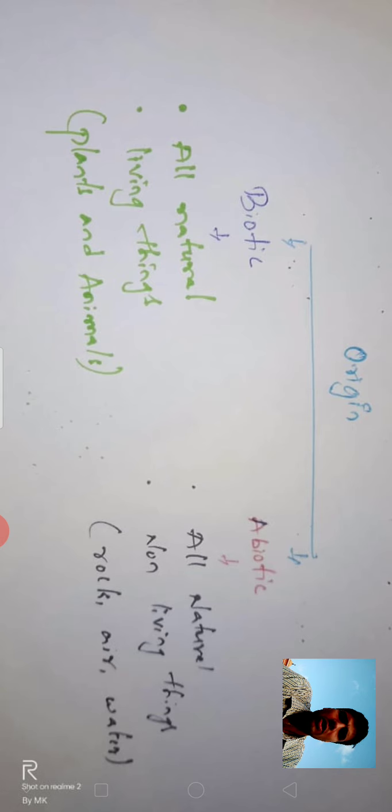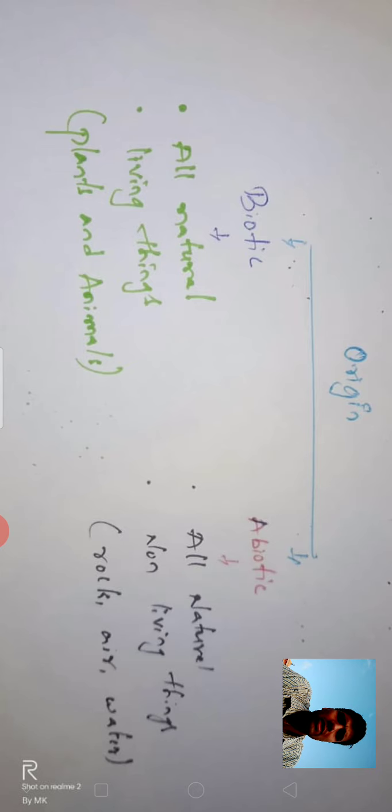When we talk about the word origin, it says how it started, its nature actually. It's the nature of the resource. It can be biotic and abiotic. Biotic means all the natural and living things.